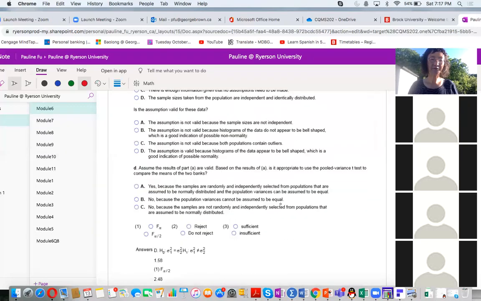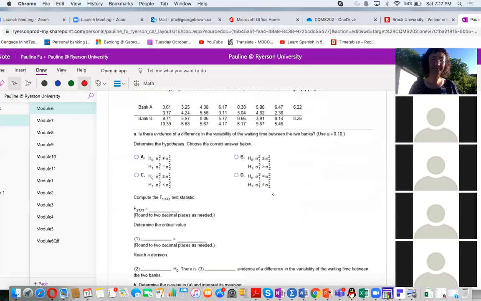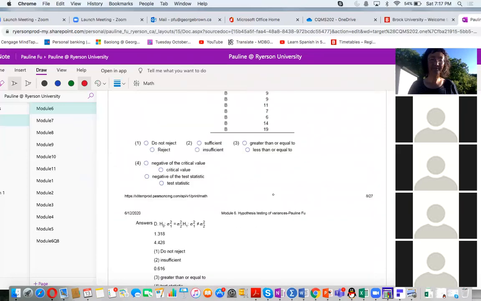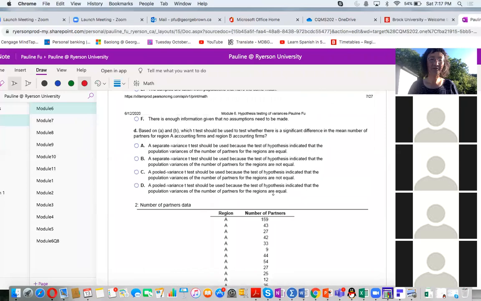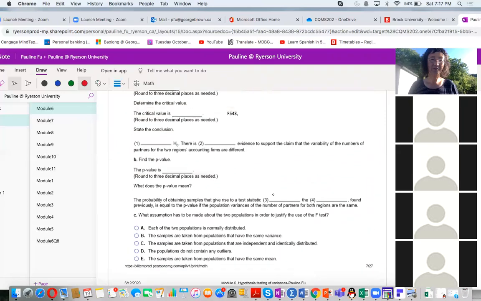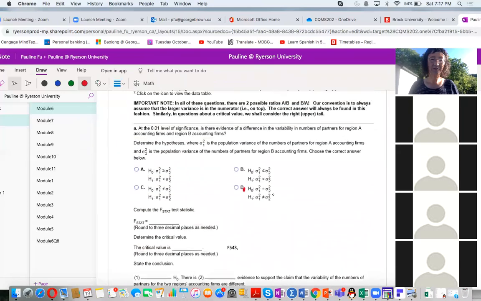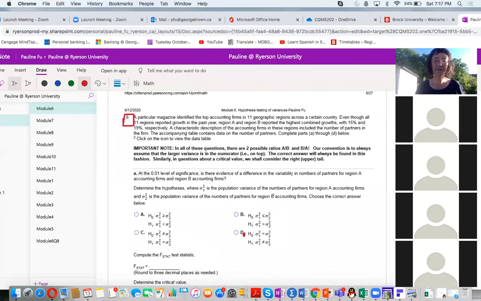All right, so this is question 11, and the last question is question 8. A particular magazine identified the top accounting firms in 11 geographic regions across a certain country, even though all 11 regions reported growth in the past year.